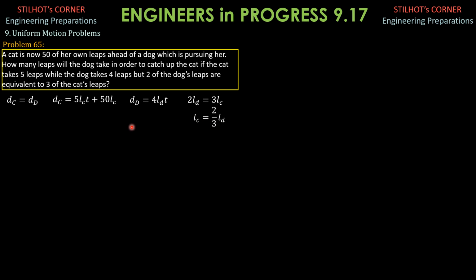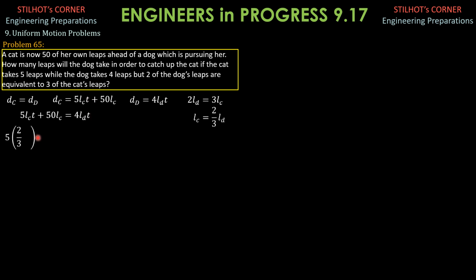Equating the distance traveled by the cat and the dog, we have 5 cat's leaps times t plus 50 cat's leaps is equal to 4 times dog's leaps times t. Replacing cat's leaps by 2/3 of dog's leaps, because the question here is to determine the number of dog's leaps in order to catch up with the cat.